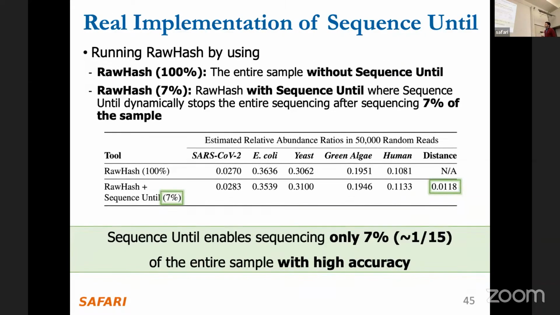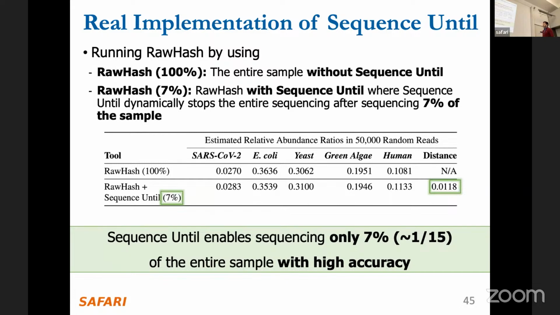We also look at the relative estimation results. We see that RawHash provides the best estimation result. The second result that we look at is the benefits of the sequence sampling mechanism when it is integrated in RawHash. What we do here is use the entire read set with RawHash and perform the estimation, and then we activate the sequence sampling mechanism with RawHash and let it decide when to stop sequencing. This means it will only use a portion of the entire data set to make a relative estimation.